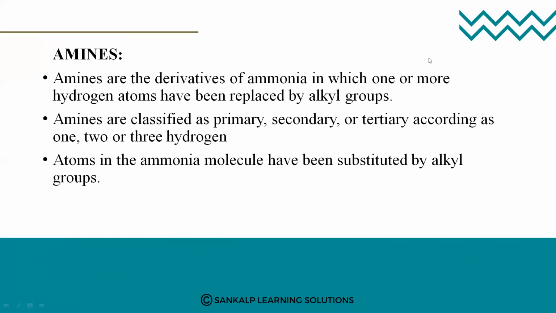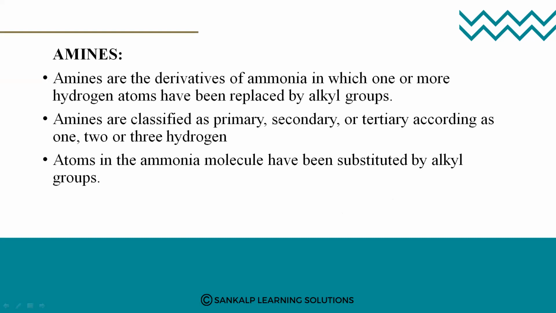So amines, as I discussed, we'll see the classification now. Amines are the derivatives of ammonia in which one or more hydrogen atoms can be replaced by an alkyl group or an aryl group. They are classified as primary amines, secondary amines, and tertiary amines, depending upon the number of replaced hydrogen atoms.